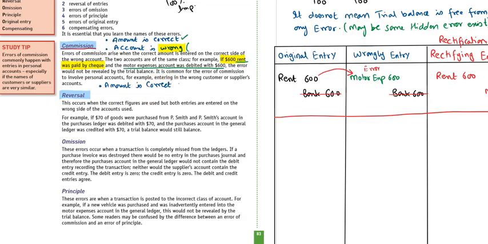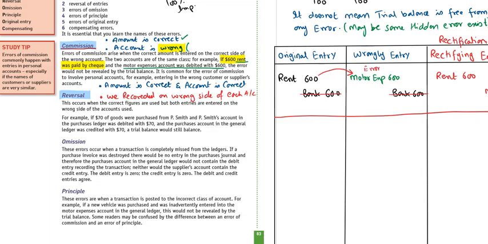and you can say the amount and the account are correct, but the wrong thing is that we recorded it on the wrong side of each account.